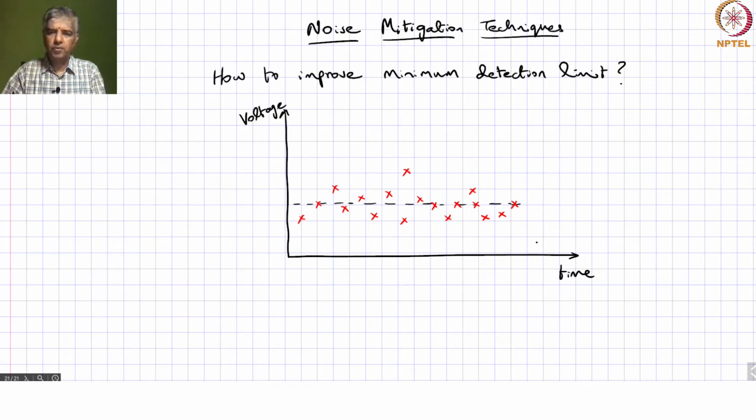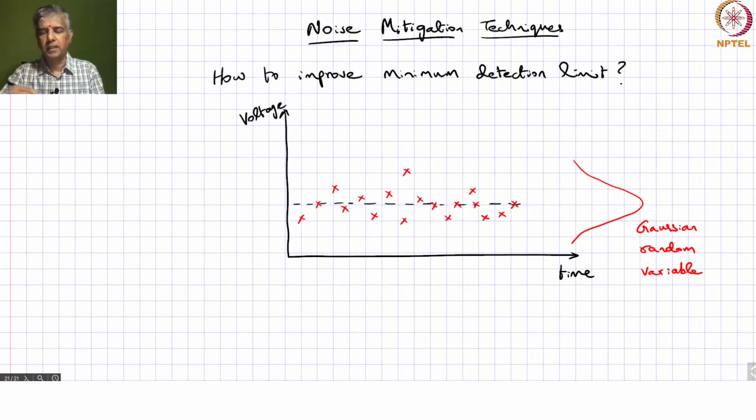So much so that if you take a histogram of all these points, that histogram is going to look something like this. Okay, and it's typically a Gaussian random variable, because the noise sources that we were looking at, the shot noise process, the thermal noise process, the APD multiplication noise, and so on, are all characterized by a Gaussian random process.